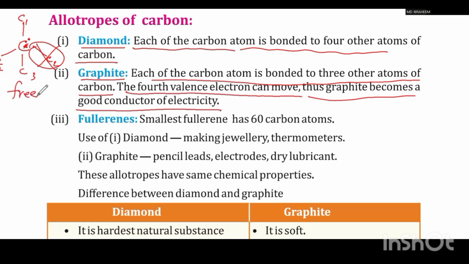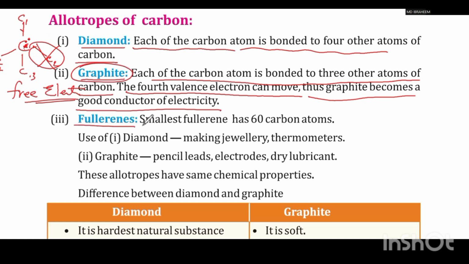If someone asks in the exam why graphite is a good conductor of electricity, you will say that in graphite each carbon atom is connected to only 3 carbon atoms, and one electron is free.